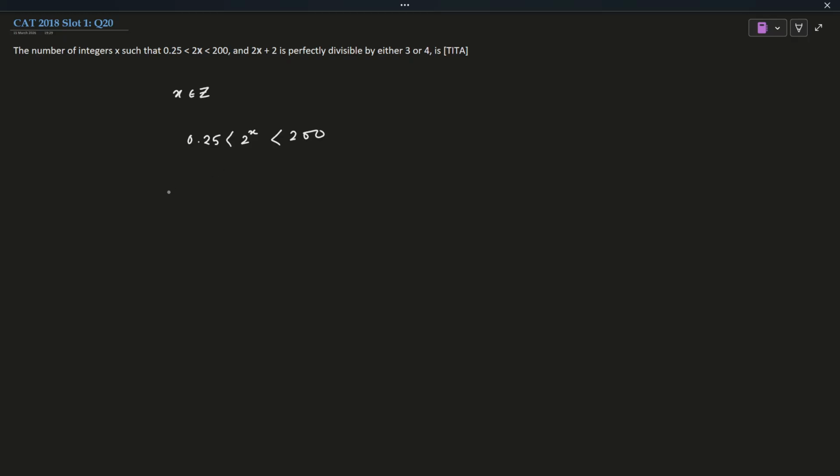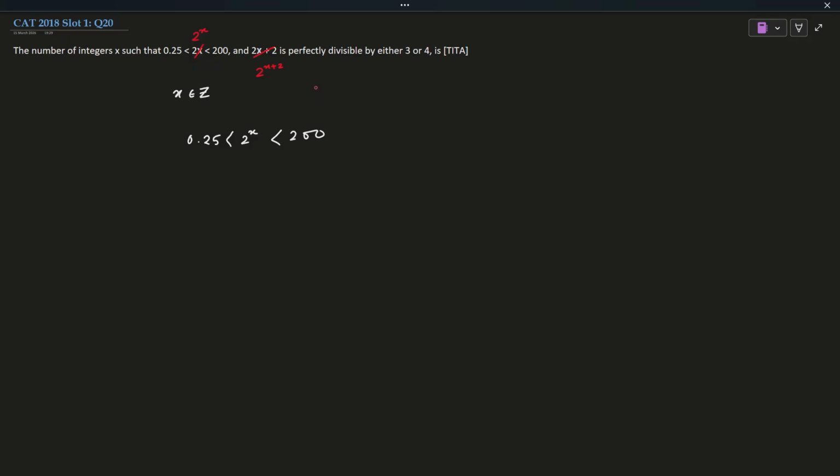I'll just strike this off. This will be 2 to the power of x. Similarly, this will be 2 to the power of x plus 2.